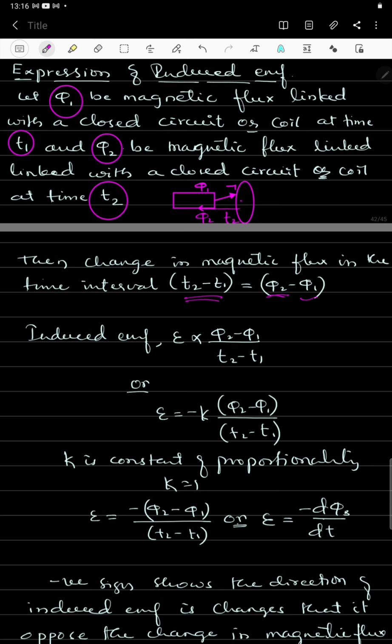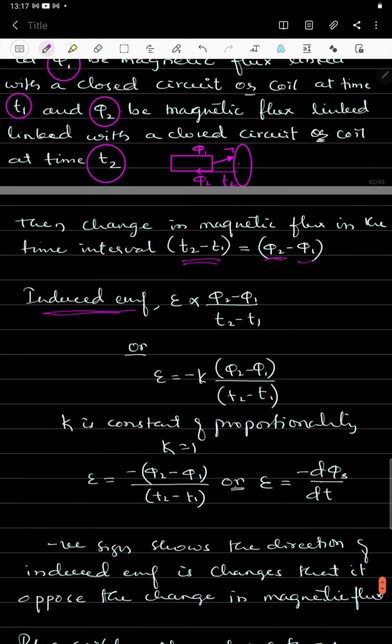Therefore, this induced EMF is directly proportional to d phi and inversely proportional to the time t. So here d phi by dt, that is phi 2 minus phi 1, the difference in magnetic flux, and t2 minus t1, the difference in time: the ratio of the difference in magnetic flux to the time taken.